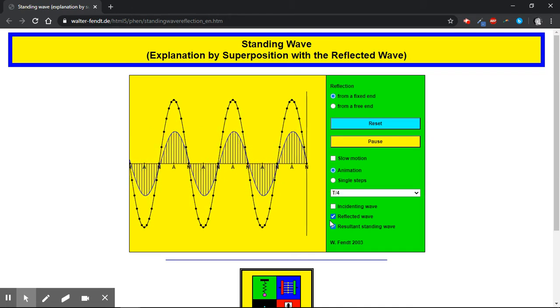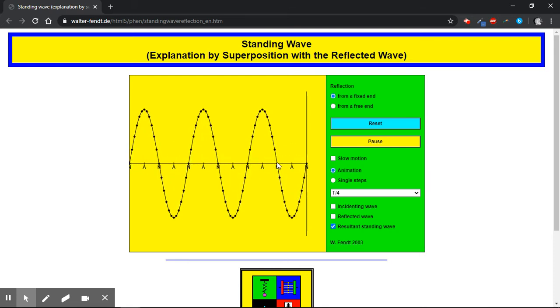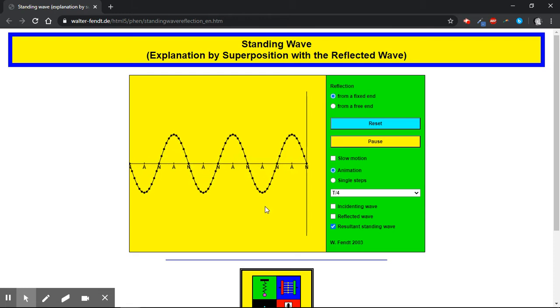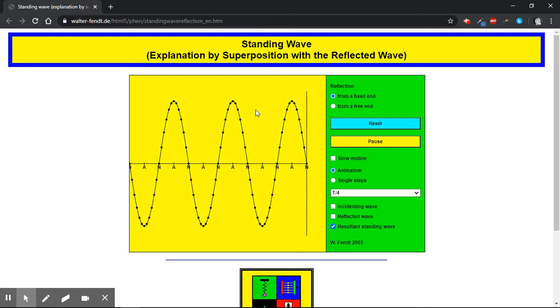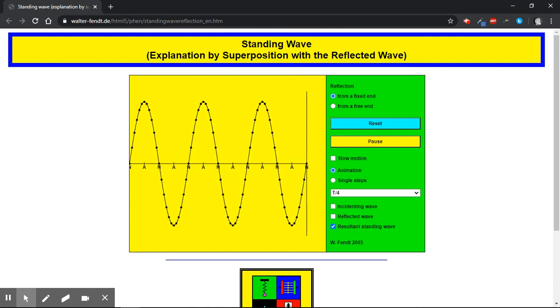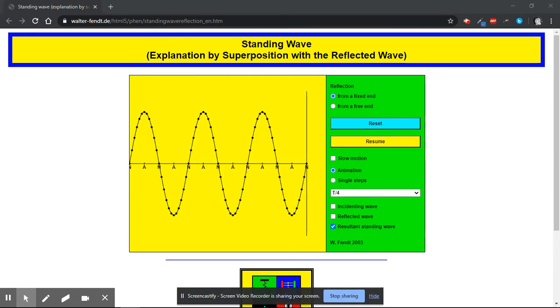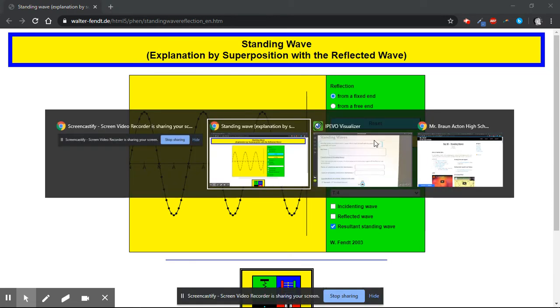So a node is an area where there's completely destructive interference. There's no motion of the particles up and down. And an antinode is where there's maximum displacement of the particles.